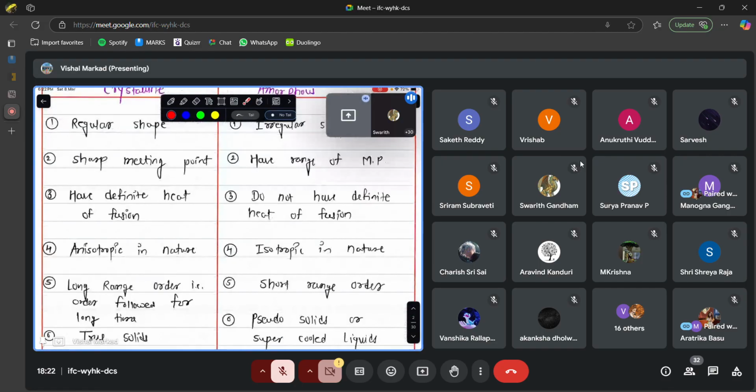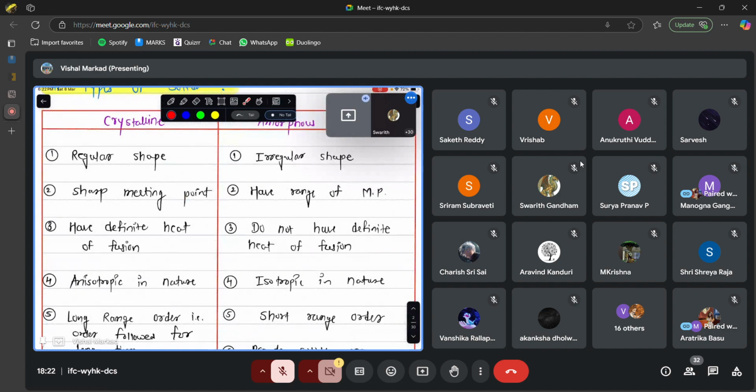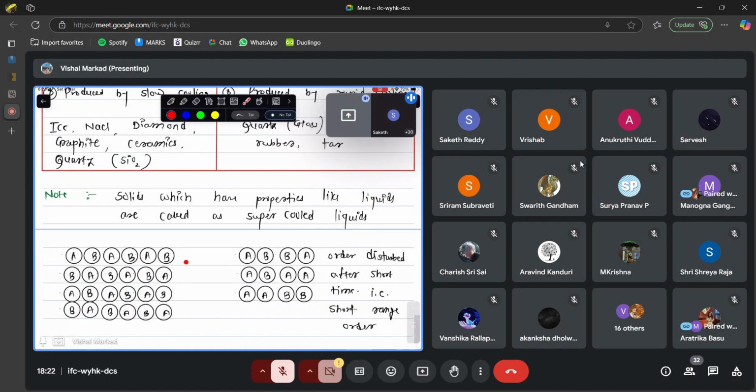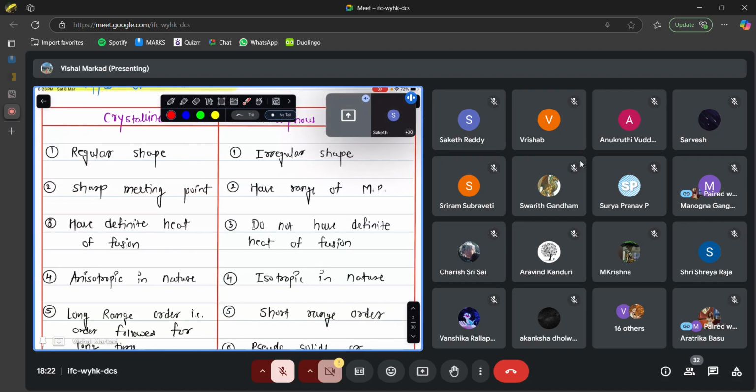I have written here that they have a sharp melting point, right? And I also told that they are anisotropic in nature. Anisotropic in nature means their properties are direction dependent. And when I gave the example here, for this direction there will be one melting point, and for another direction another melting point. So if they have different melting points, how can they have a sharp melting point?